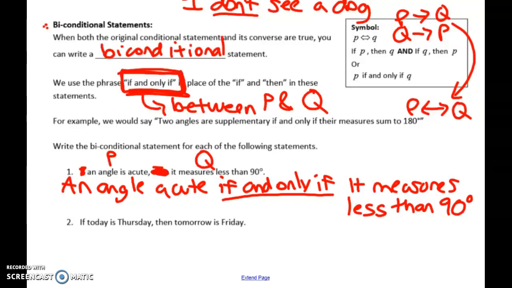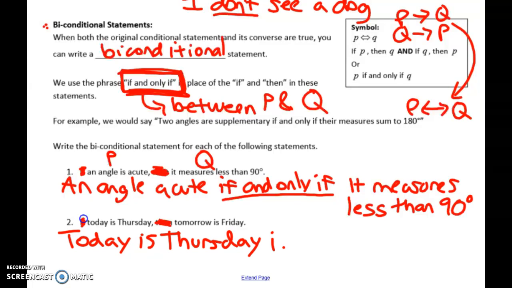And then on number 2, it's the same thing. Drop the if, drop the then, rewrite the first phrase, today is Thursday. And then I'm going to put between those two statements, if and only if.